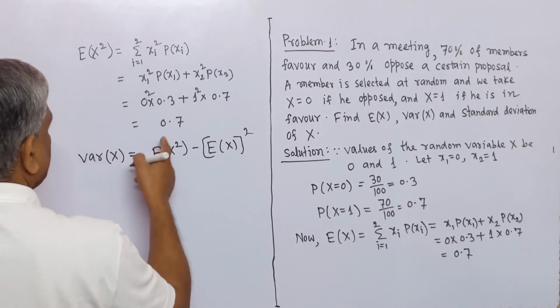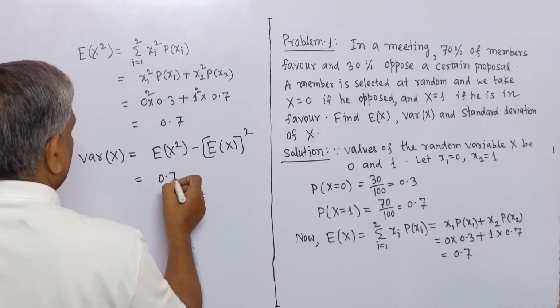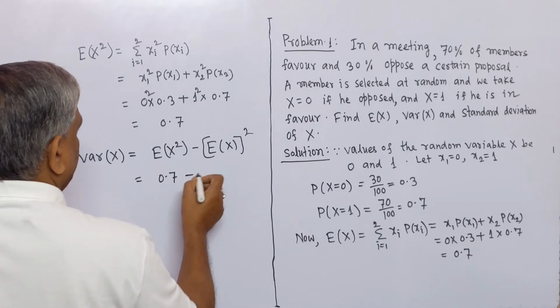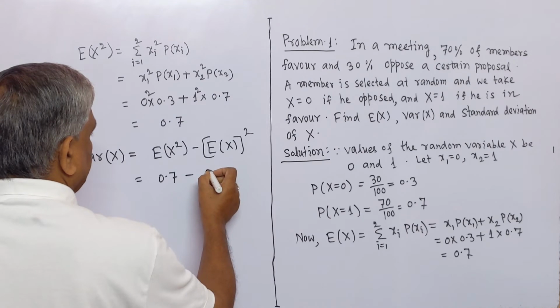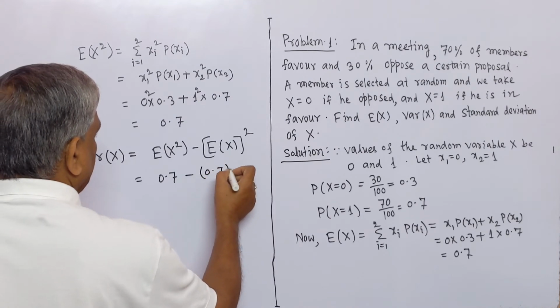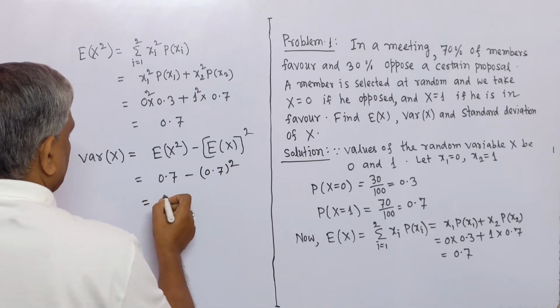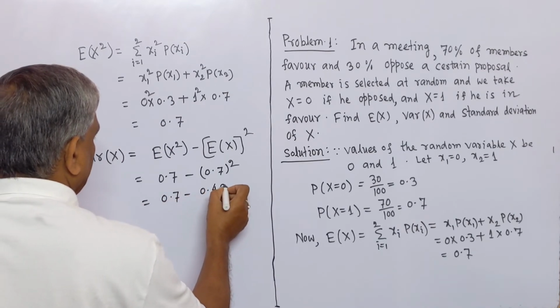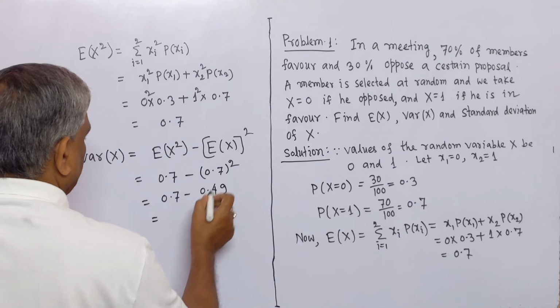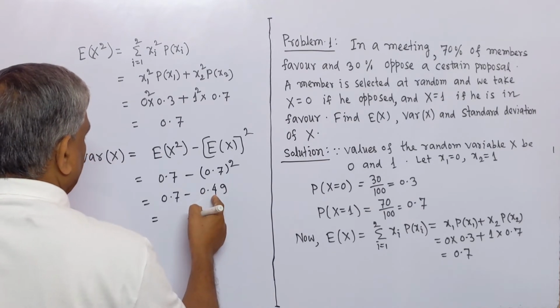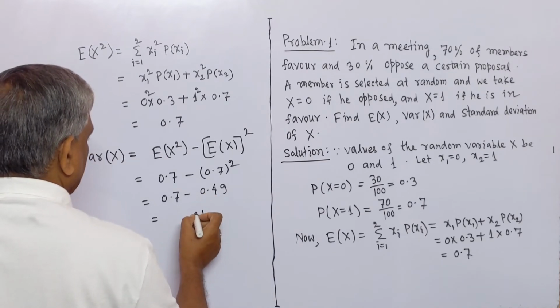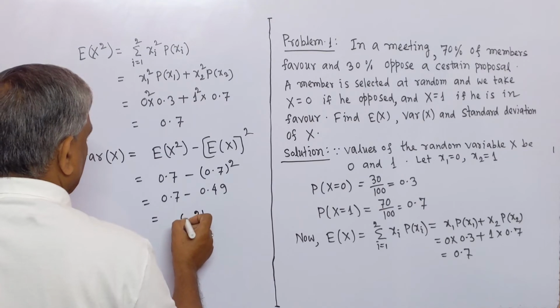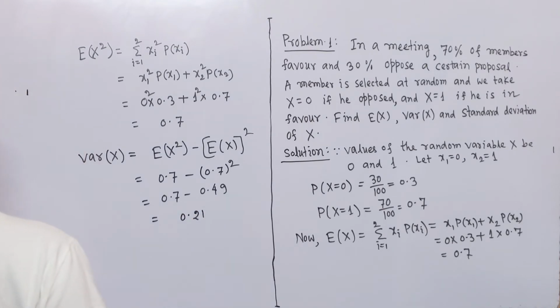E[X square] is 0.7 minus 0.7 whole square. This is 0.7 minus 0.49, and this is equal to 0.21.